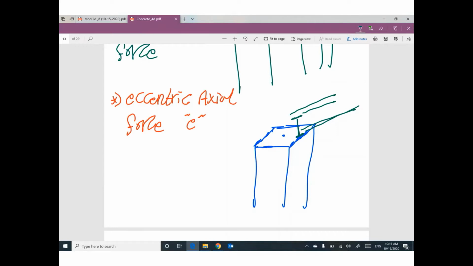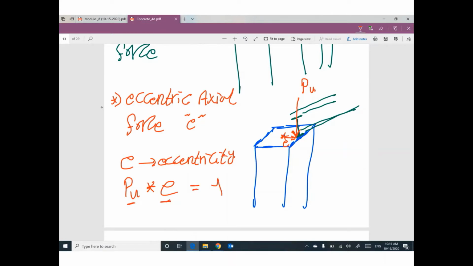So this beam will apply a reaction at this location, P ultimate. And the centroid of the column is here. So we have a distance in between called eccentricity. If you multiply P ultimate times this value of eccentricity, force times distance, you get a moment which is called M ultimate.